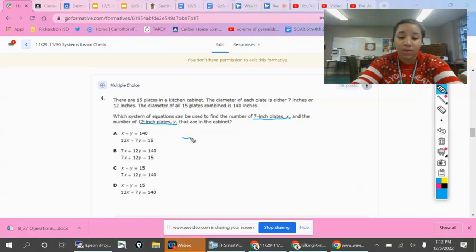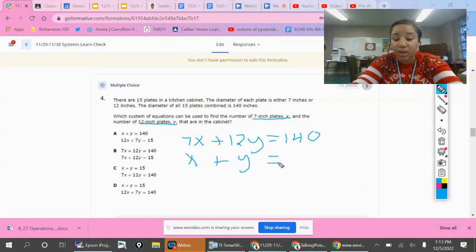So we know that 7X, the 7-inch plates, plus 12Y, the 12-inch plates, are going to total 140. And then X plus Y will be a total of 15 plates. So the system that matches that is going to be C.